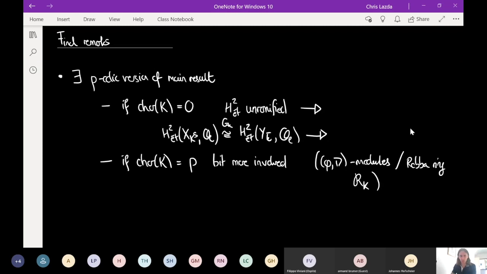If I choose my prime L equal to the residue characteristic, then, in mixed characteristic (0,p), I need to change the hypothesis that H2 is unramified to the hypothesis that H2 is crystalline, and I need to change the condition that there's a G_K-equivariant isomorphism to the condition that if I apply Fontaine's functor D_cris to H2 of the generic fiber, I get the crystalline cohomology of the special fiber.